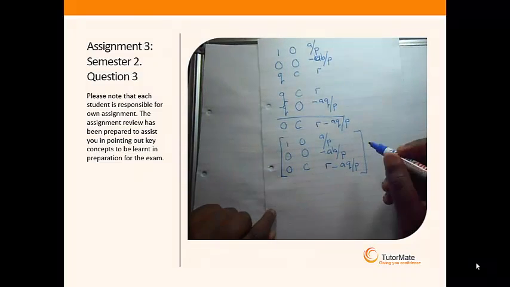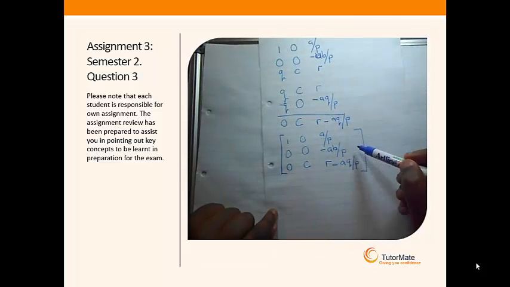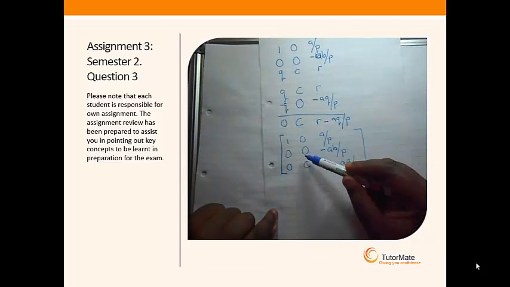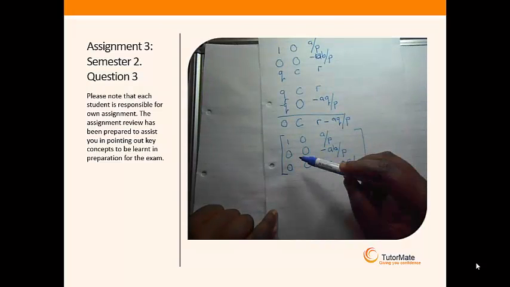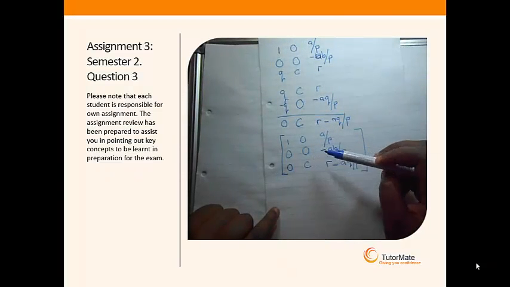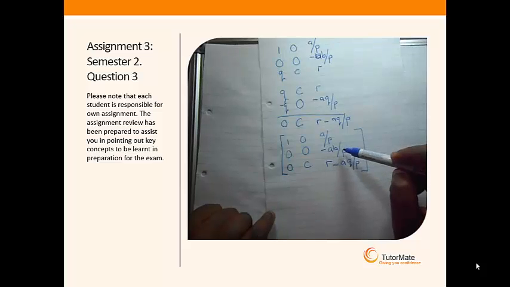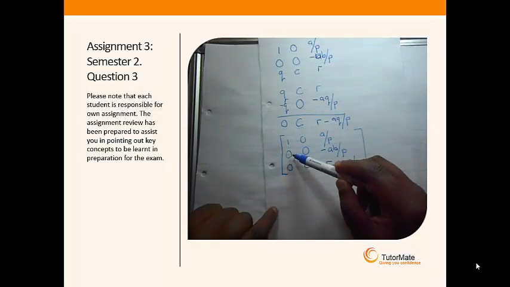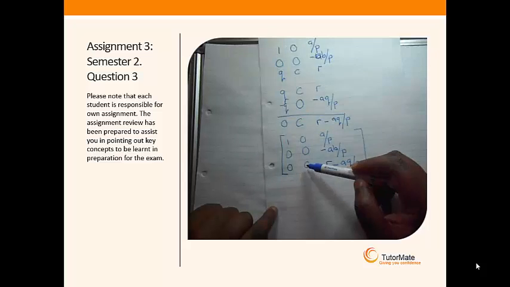Now I interchange the second row and the third row, because here I got more zeros. Remember when we reduce to a reduced row echelon form, each next row is supposed to have fewer leading zeros than the row that follows it. Here I got 2 zeros and here I got 1. So this one is supposed to be here.